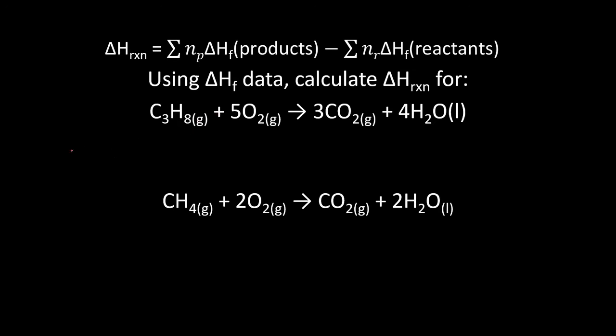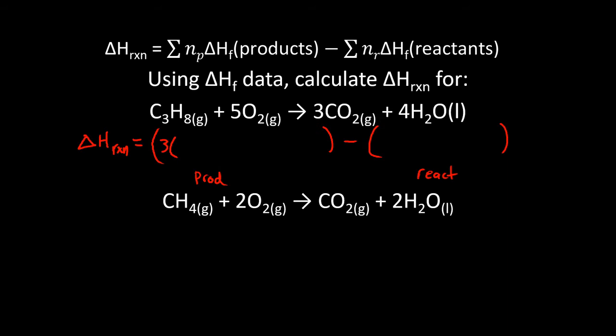What we're going to do is take the products, add them all together, and subtract from that the reactants, added all together. These are going to be our products and these are our reactants. If we look at our products, we have 3 CO2. I'm going to put in a 3 there, because whatever number I get for CO2 from the table, I'm going to multiply by 3.